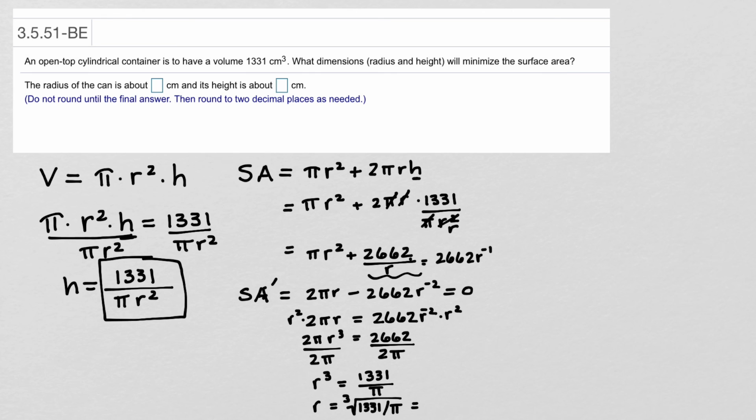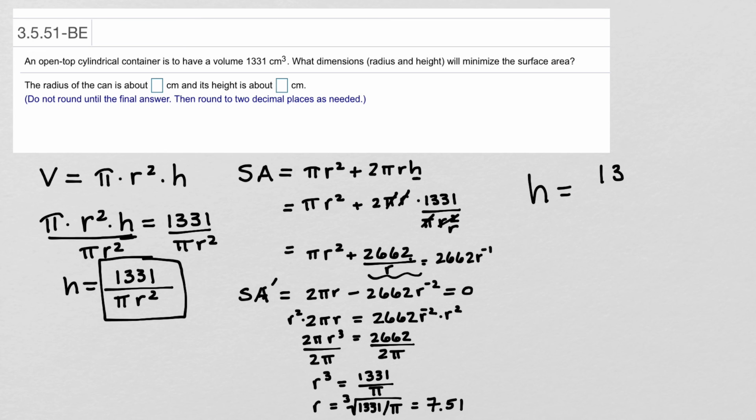So I put that into my calculator. All right, I just popped that into my calculator, and I got 7.51. So that's the radius. Now I can find the height by just popping that radius into the height formula.